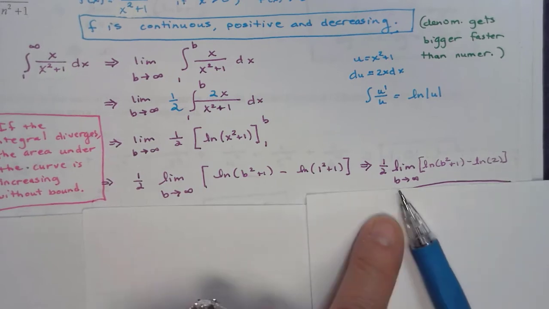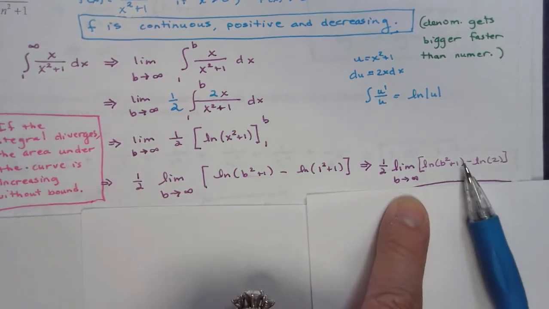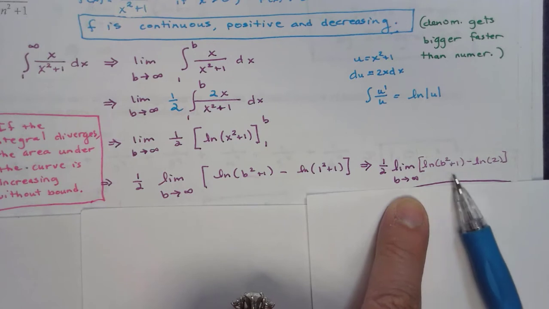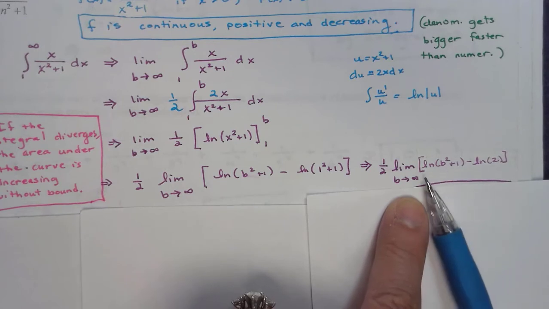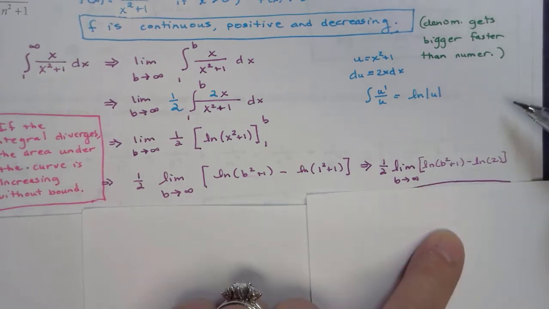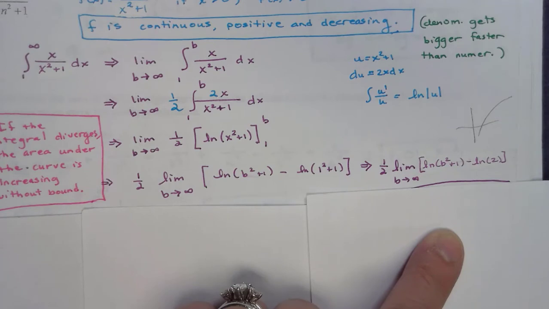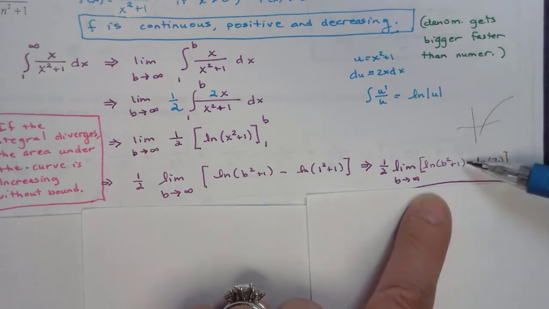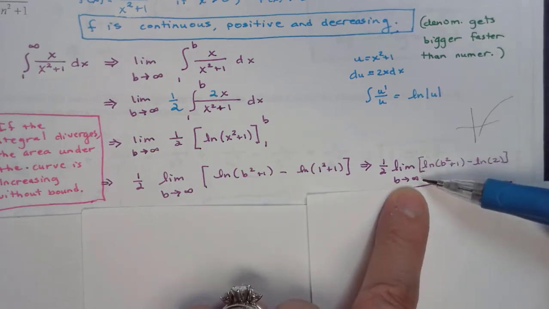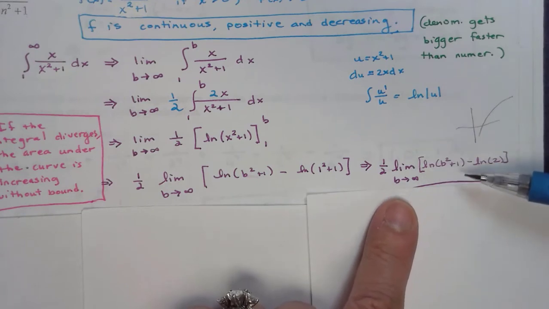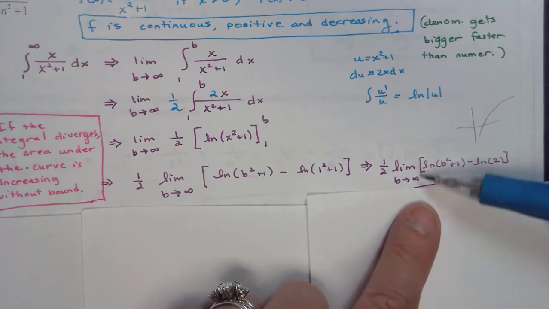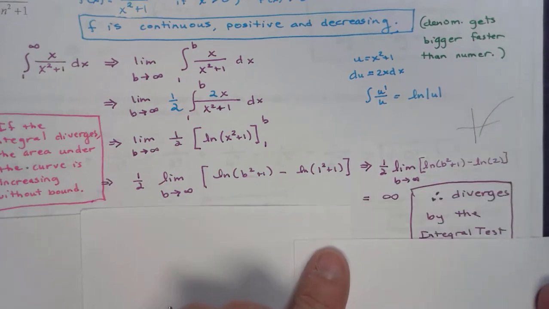But as b goes to infinity, this makes my x, my independent variable, get very large, and we know that the natural log function increases without bound because its derivative is always positive. So we know that this will go off towards infinity as b goes to infinity. It doesn't matter, once I have part of it that goes to infinity, it all goes to infinity.